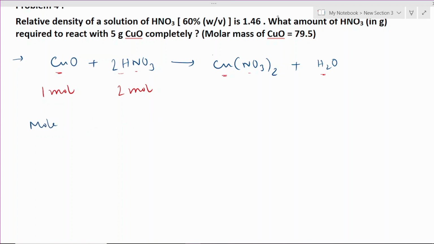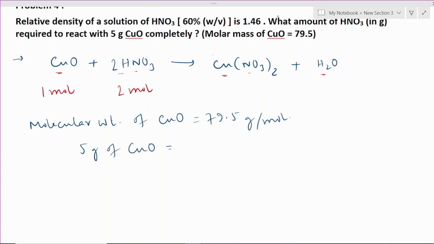So it is given that the molecular weight of cupric oxide is 79.5 gram per mole, and 5 gram of cupric oxide means 5 upon 79.5 gram per mole. So we get the moles corresponding to 5 gram of cupric oxide, that is 0.06289 moles of cupric oxide.